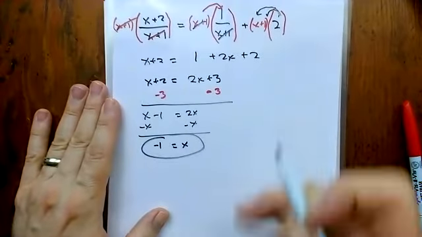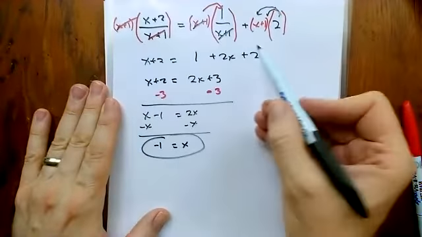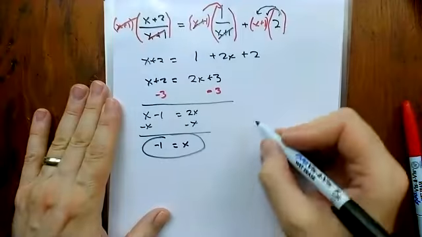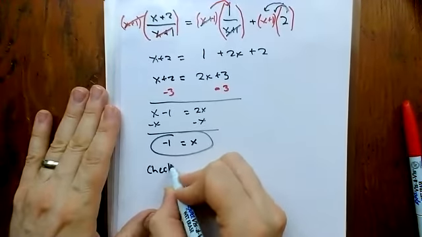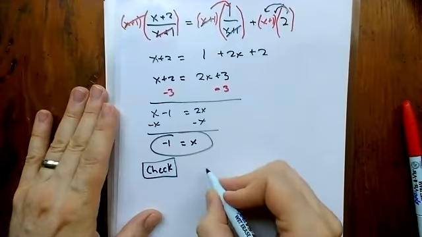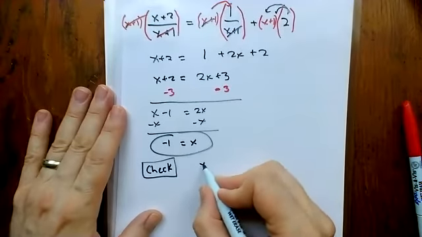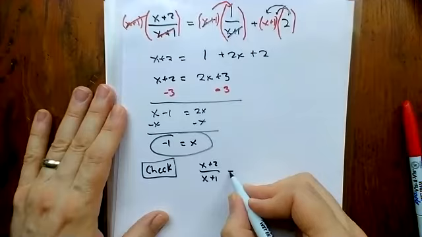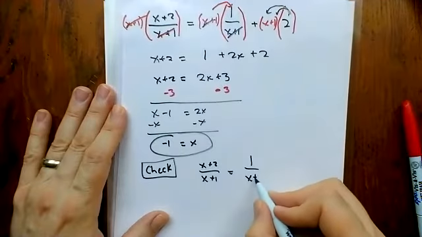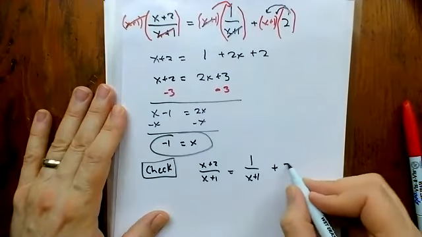Well, let's take a look at my original equation. What would happen if I check this? Remember, x plus 2 over x plus 1 is equal to 1 over x plus 1 plus 2.